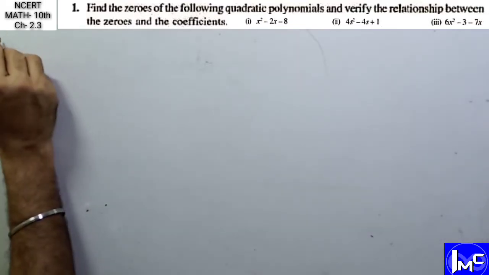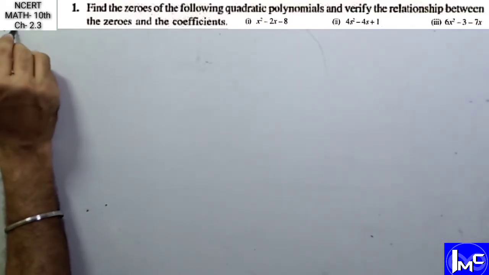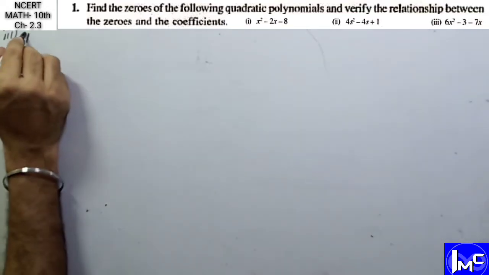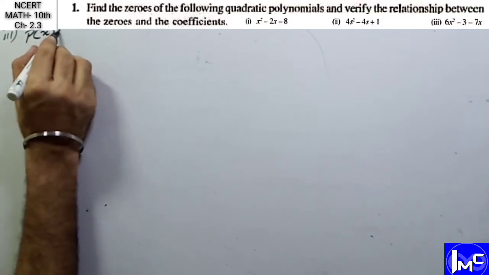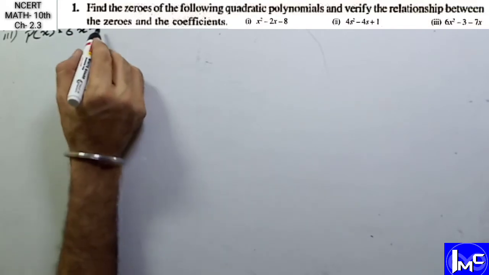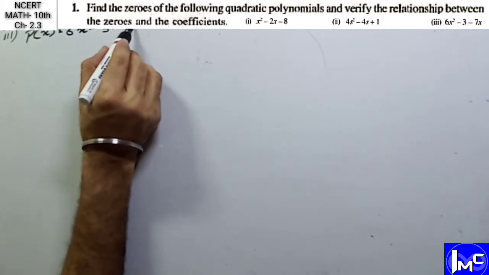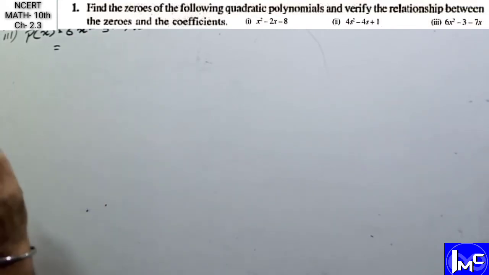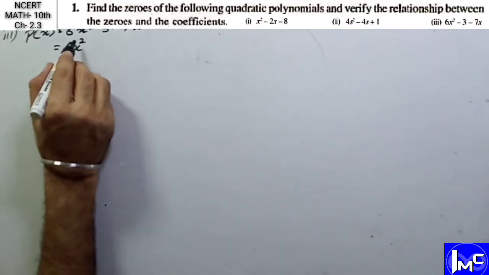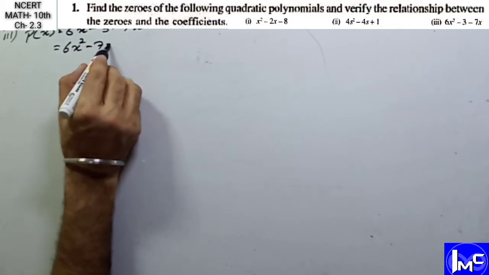Question number 3. That is px is equal to 6x square minus 3 minus 7x. First of all, write in a proper sequence: 6x square minus 7x minus 3.